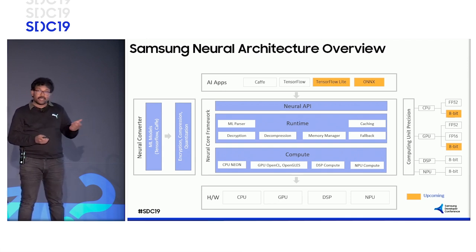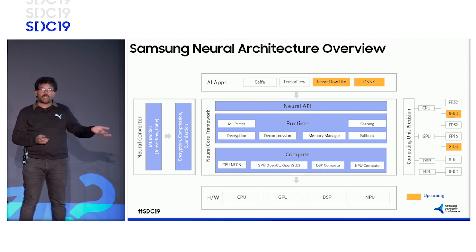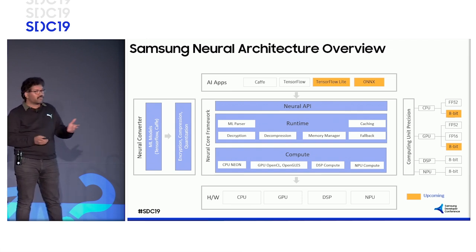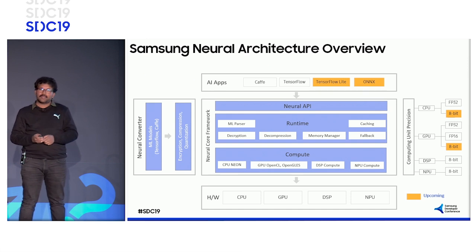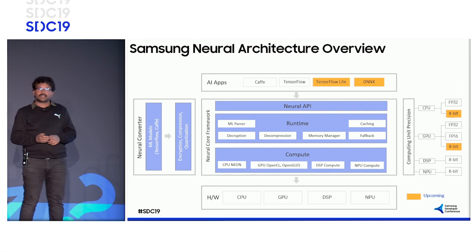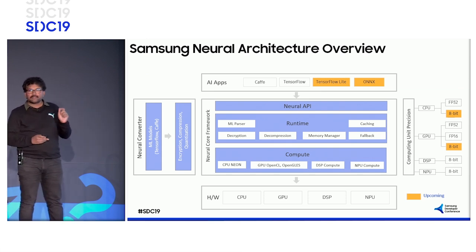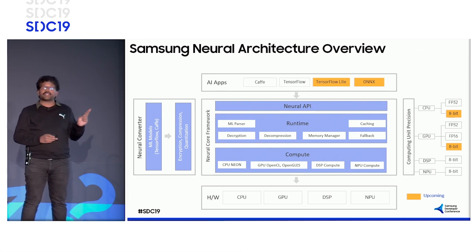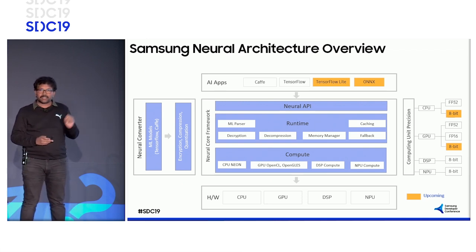So you take a Caffe model with a prototxt, a TensorFlow PB model, or a TF Lite model. And we have introduced three key fundamental blocks. One, encryption, second, compression, and third, quantization.